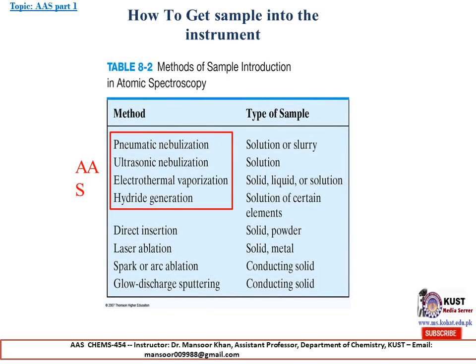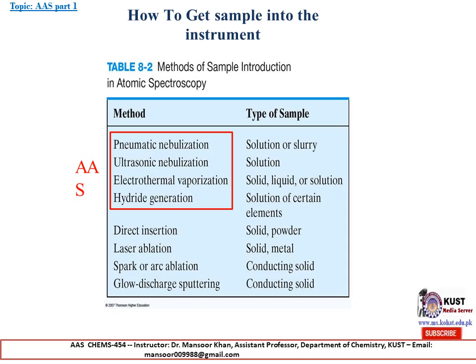Now this slide shows how to get the sample into the instrument. Table 8.2 shows methods of sample introduction into atomic spectroscopy. In atomic absorption spectroscopy, the sample can be introduced using pneumatic nebulization, ultrasonic nebulization, electrothermal vaporization, hydride generation, direct insertion, laser ablation, spark or arc ablation, and glow discharge sputtering.